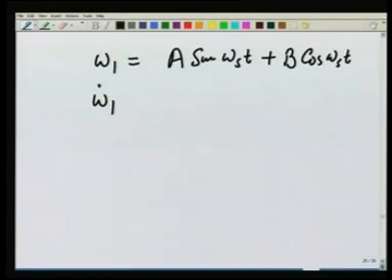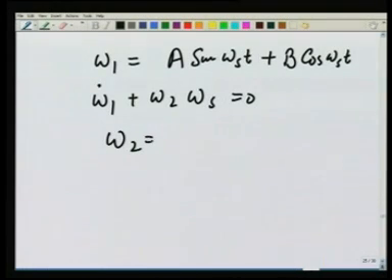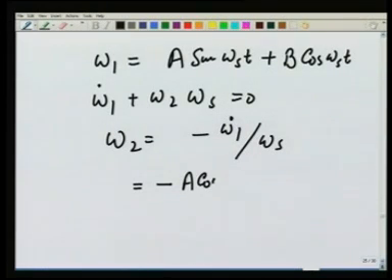Since omega 1 dot plus omega 2 omega spin is equal to 0, omega 2 is nothing but minus omega 1 dot divided by omega spin, and this therefore becomes minus a cosine of omega s t minus b sine of omega s t, and minus minus will become plus.